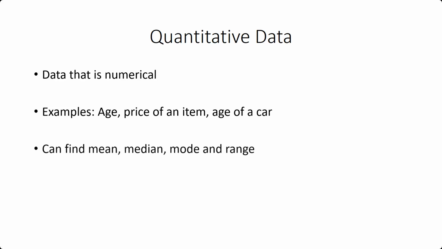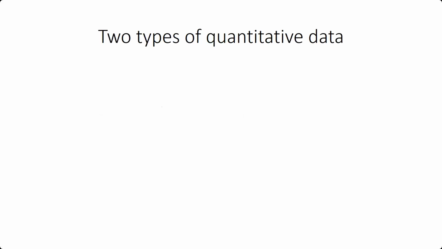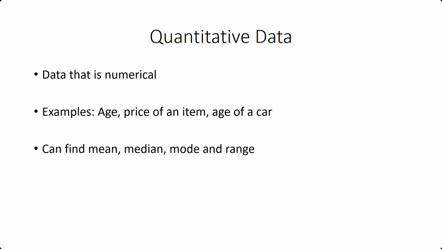When you have quantitative data, you can find all of the measurements that we talked about earlier: mean, median, mode, and range, along with standard deviation. So quantitative data is a number. If it's not a number, then it's not quantitative. Any questions?